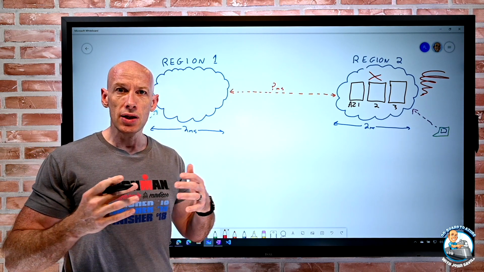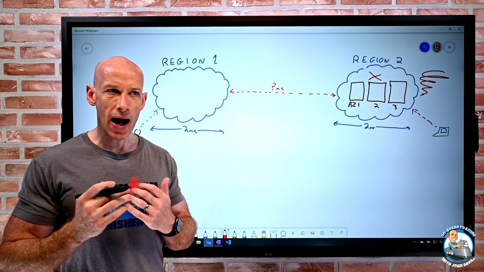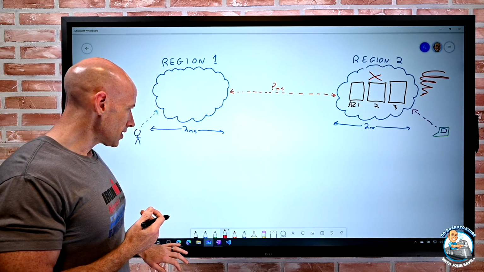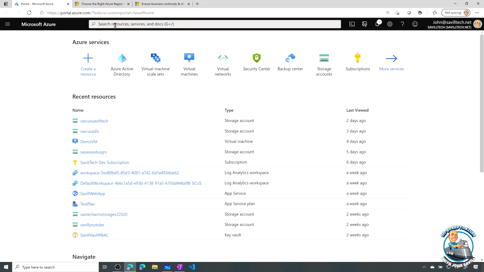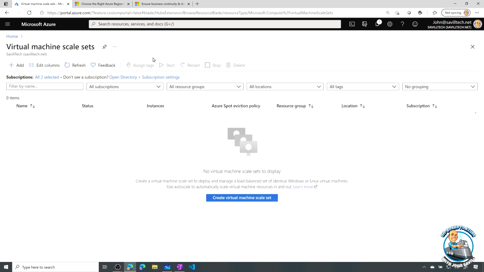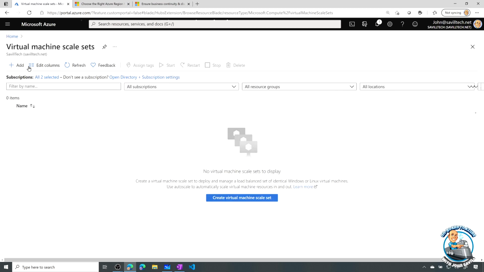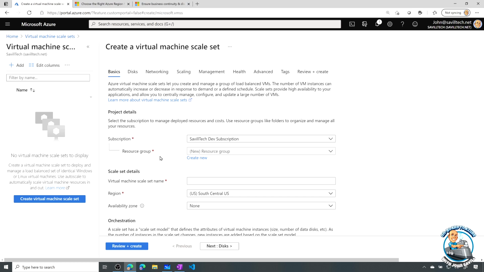What about a virtual machine scale set, or AKS, or app service? Well, let's have a look at those for a second. And what we'll see is they always deploy to a region. If I do add a new virtual machine scale set, I'm deploying to a region.